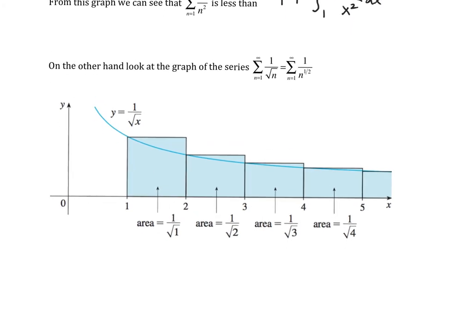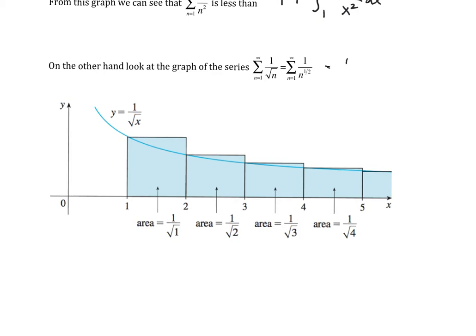In this particular case, I have a different infinite sum. I have this 1 over the square root of n, or 1 over n to the 1/2 power. What I'm going to do now is graph each of the terms. Just like before, I could write out a few terms.